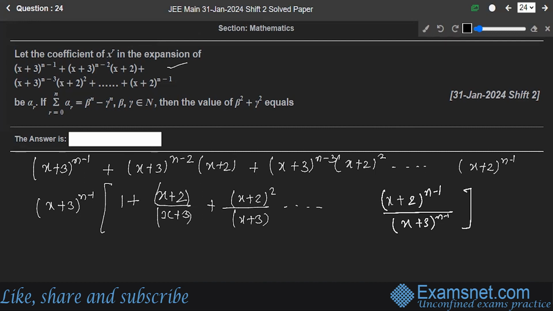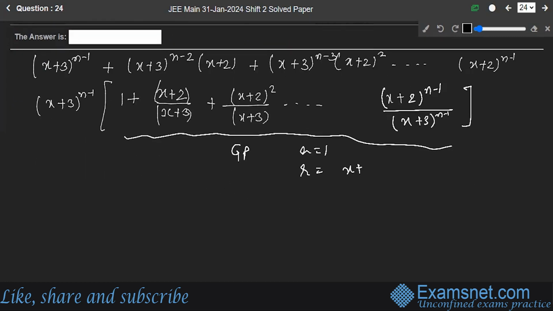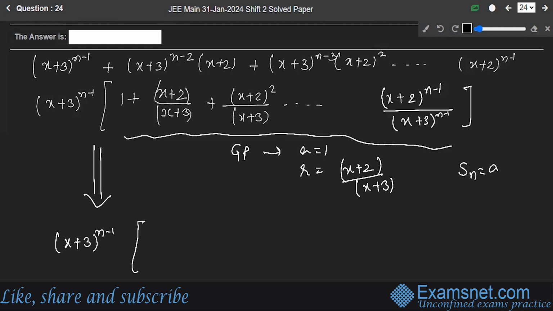Now this is what is inside. This is a GP with the first term as 1 and the common ratio as (x+2)/(x+3). Then this expression becomes (x+3)^(n-1) times the sum of the GP, which is given by a(1 - r^n)/(1 - r).